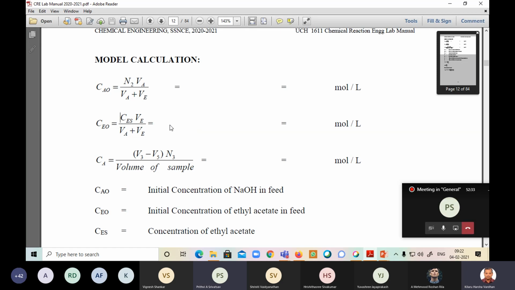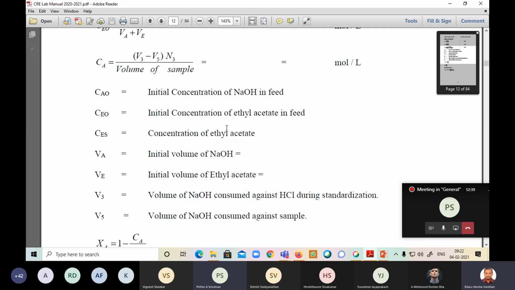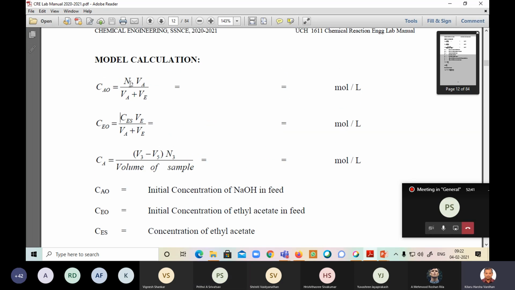So we got M equal to 1, sir. So we couldn't use that ln((1 minus XA) divided by (M minus XA)). Then you take this as a bit less, 9.8 or something like that. You can change the first data value to 9.8 or something. Make sure that you are not having M equal to 1. Okay, sir.